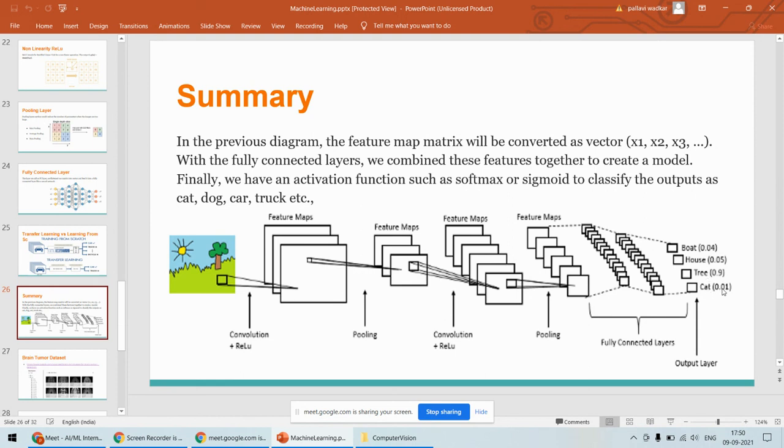And a cat is 0.01, so that means only 1% chance is there that this particular image is of cat.